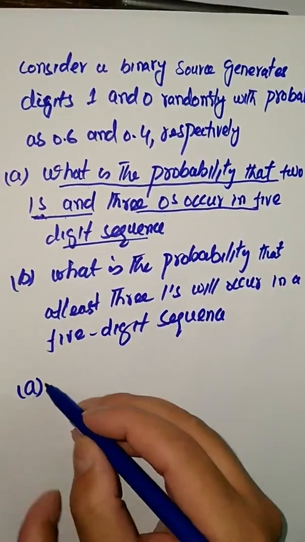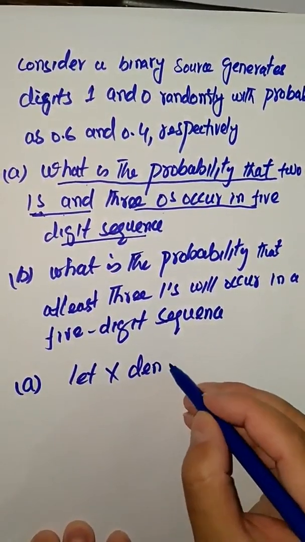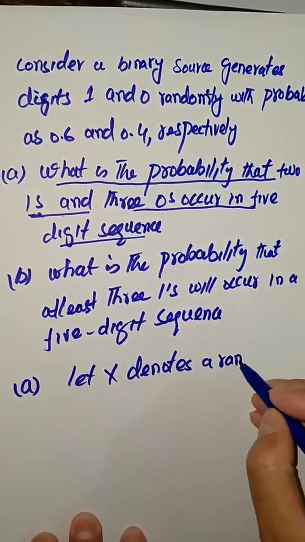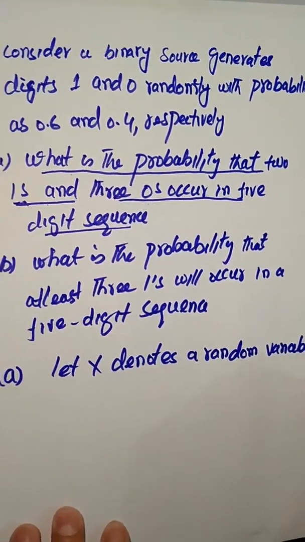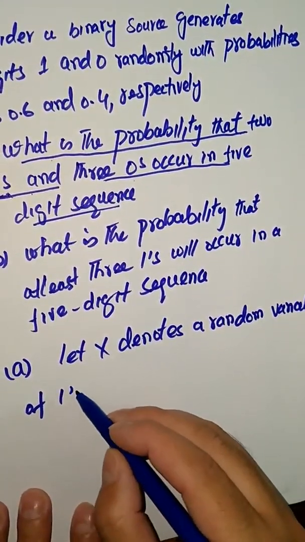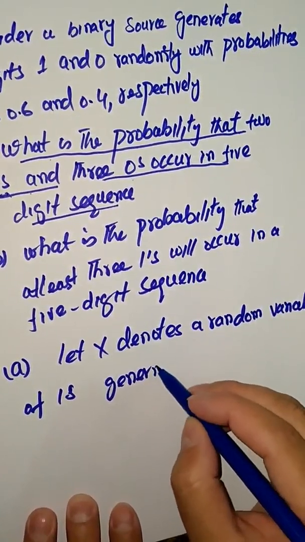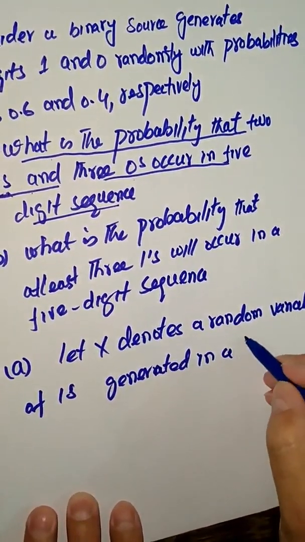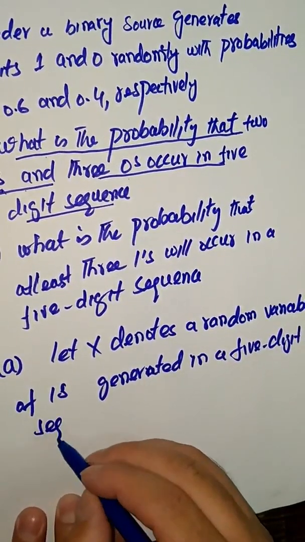So in first part, let X denote a random variable of ones generated in a 5-digit sequence.